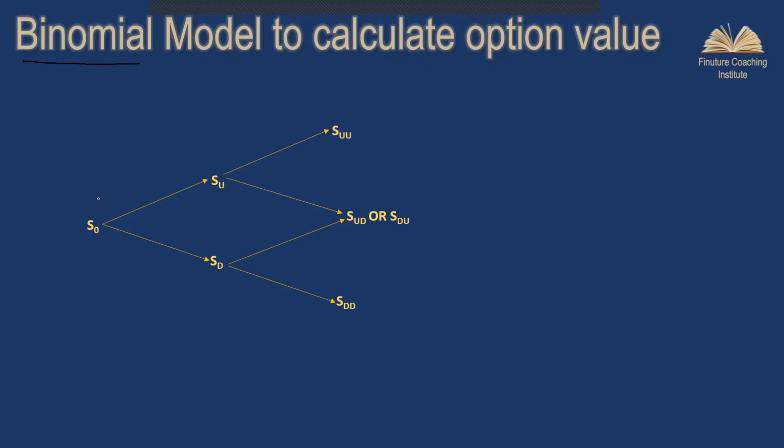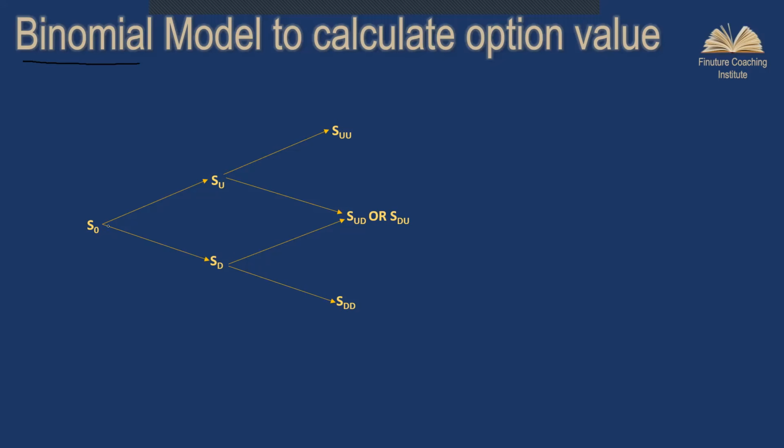So basically we'll derive the option price by calculating the two possible outcomes of the stock price from its current value. Say, for example, if I term the current stock price as 0, we will calculate the expected stock price at year one, and what is the other value.